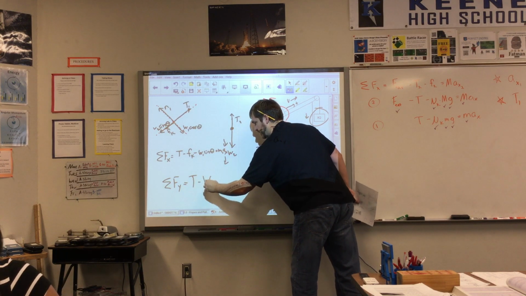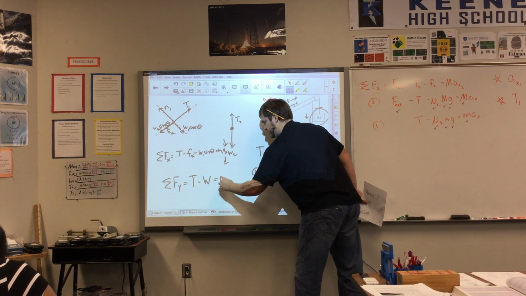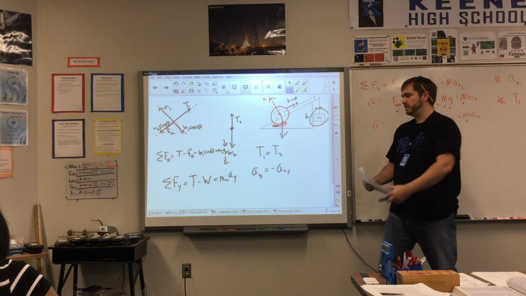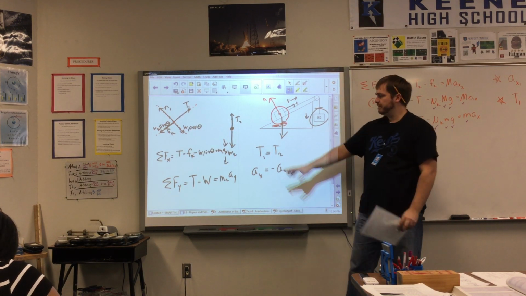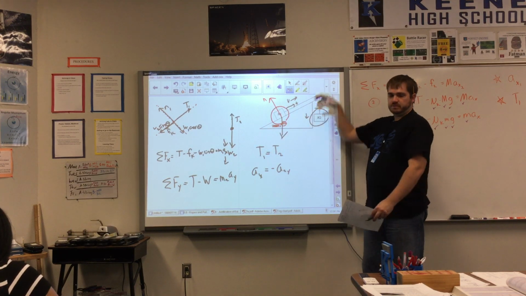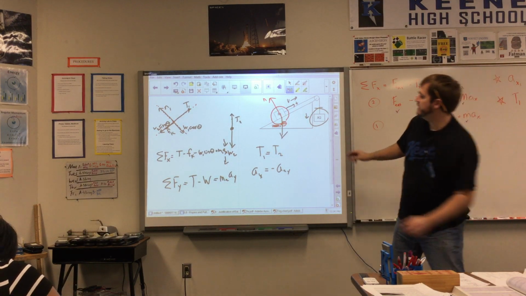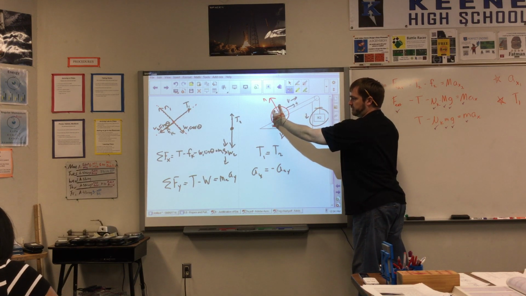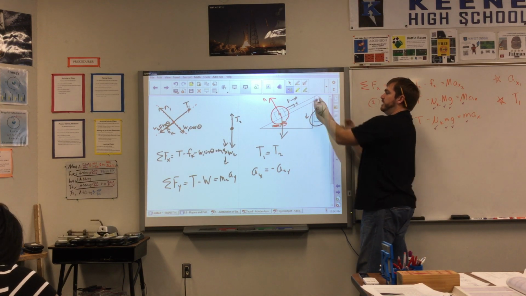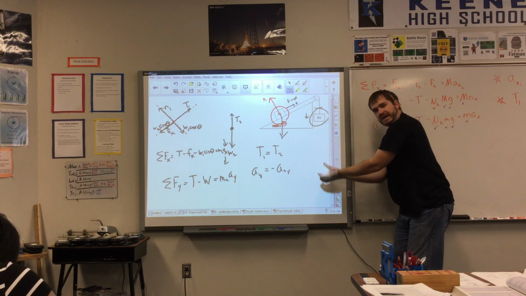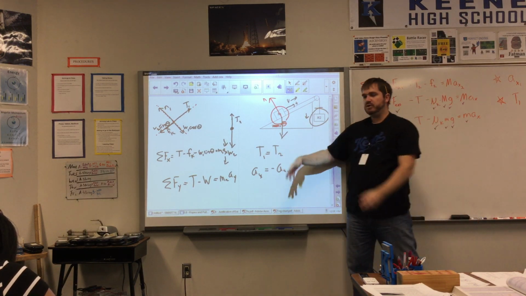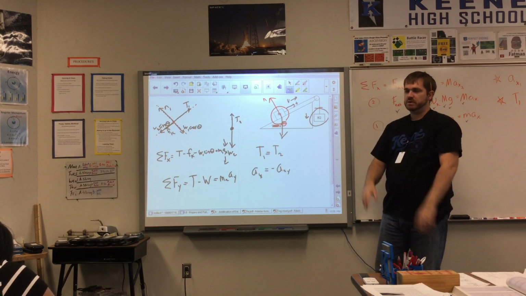Tension minus weight equals mass 2 acceleration in the y direction. Negative, yeah. But that's all I want you to really see from this one: this one's moving in the x direction, but if it's accelerating at 5 meters per second squared, that means this one's falling at 5 meters per second squared. And you can set up those two equations and go down that.